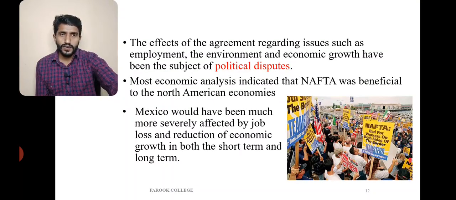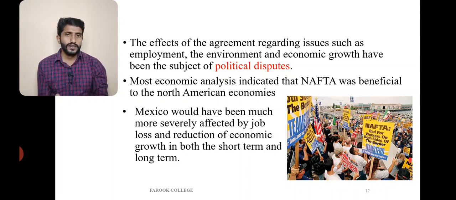But even though this is a good association with 3 countries, and their GDP is higher than any other trade bloc, there were so many political disputes in this association. The effects of the agreement regarding employment, environment and economic growth have always been a subject of political issues, and there were huge protests in various countries regarding NAFTA.